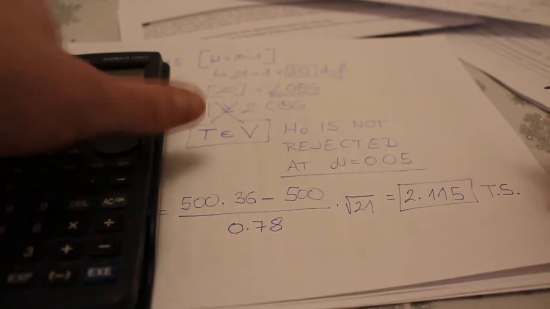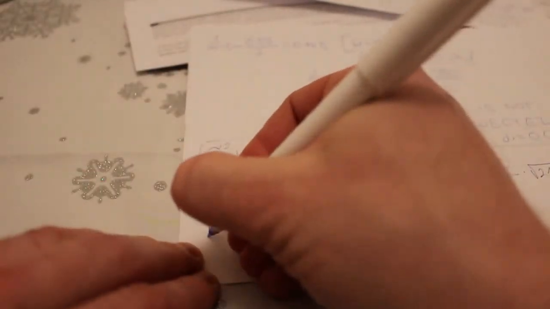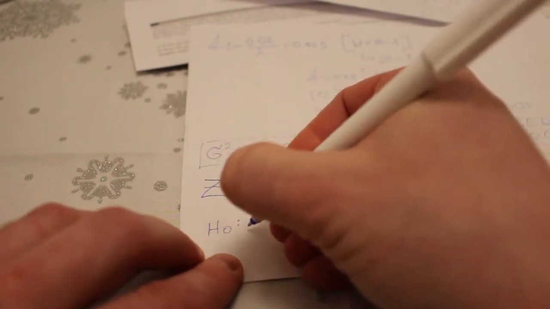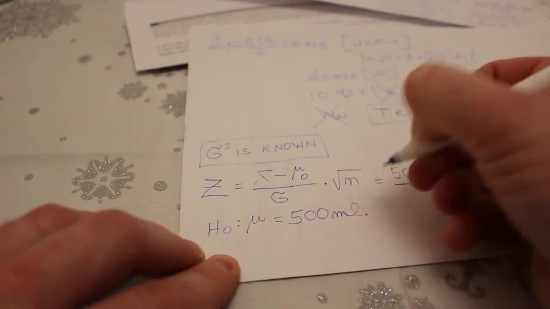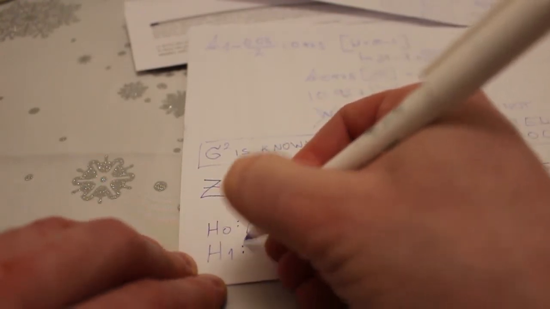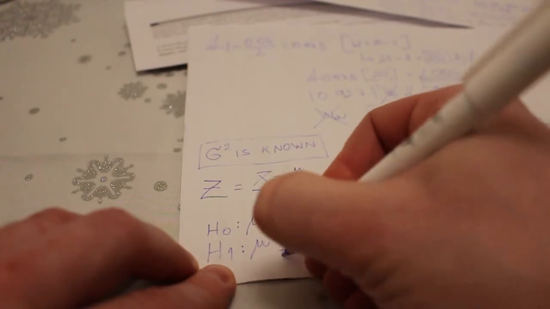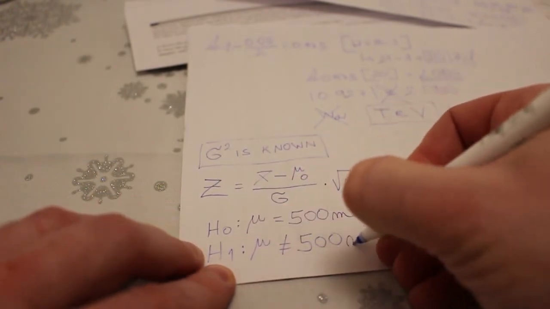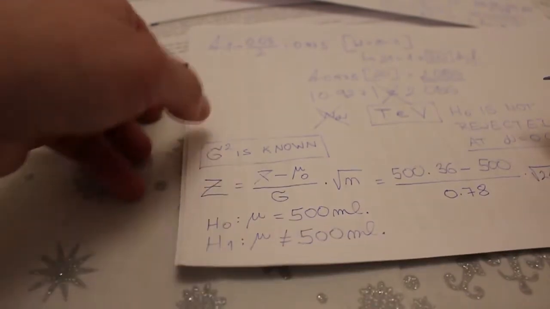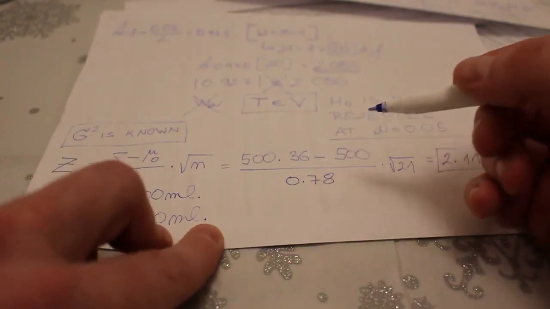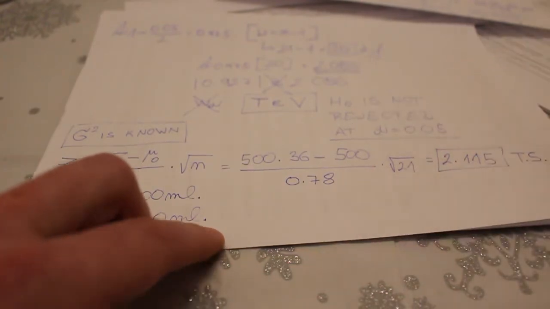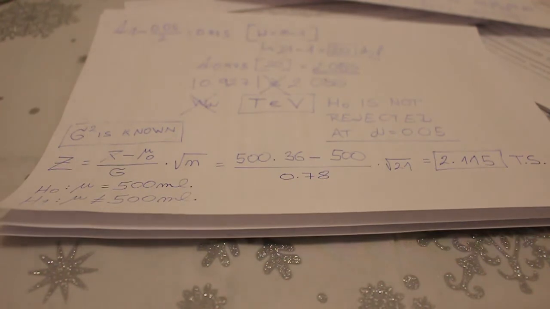Okay, so we have the null and alternative hypotheses, the same. H0 claims that mu is equal to 500 milliliters. H1 claims that mu is not equal to 500 milliliters of beer, the third type of alternative. So please check your formulas, and there you can find three types of rejection regions.